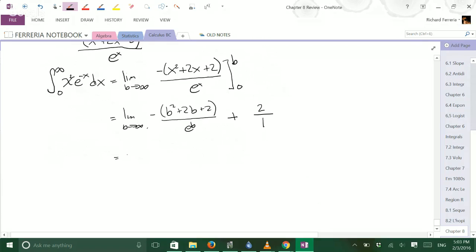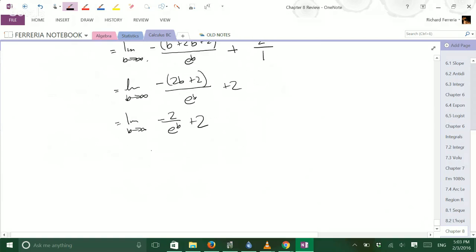We might as well satisfy the skeptics. Negative 2b plus 2 over e to the b plus 2. Limit as b approaches infinity, that's negative 2 over e to the b plus 2. And that is just 2.